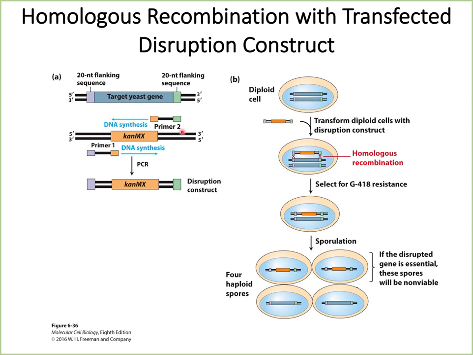And you do a PCR reaction, and in the polymerase chain reaction, you will introduce the kanamycin MX, KanMX gene, which will have this same sequence on each side of it.